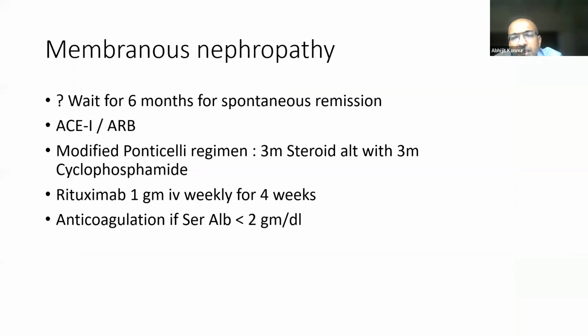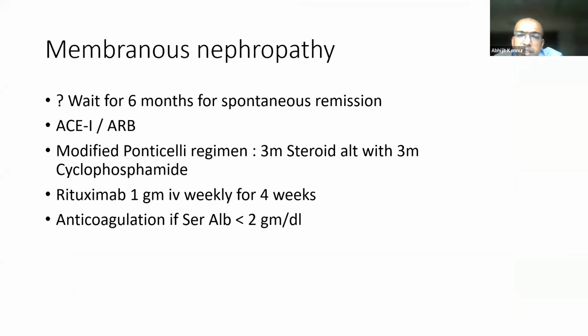What do we do with these patients? Usually, if they are having a minimum amount of proteinuria, or there is no real renal failure, then one could wait for 6 months for spontaneous remission. At least start these patients on ACE inhibitors and ARBs.